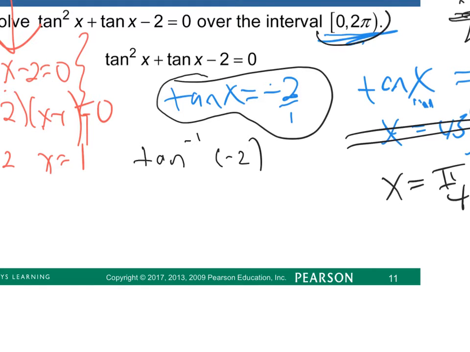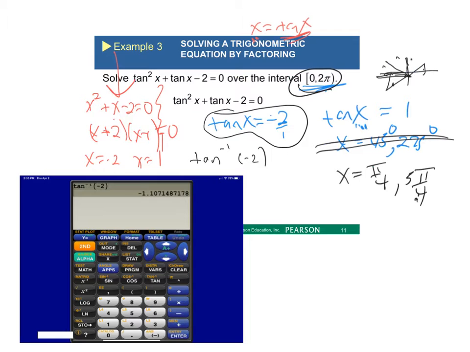Make sure you're in radian mode. Okay, I'll meet you back here in just a second. You do it, and I'm going to do it. Okay, got my answer. Do you have yours?